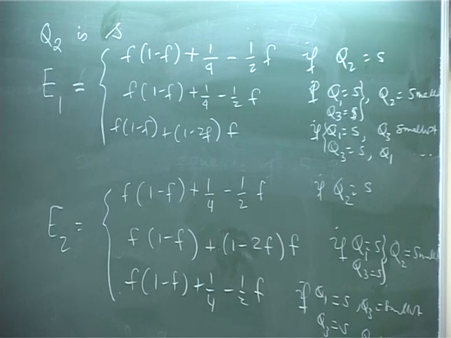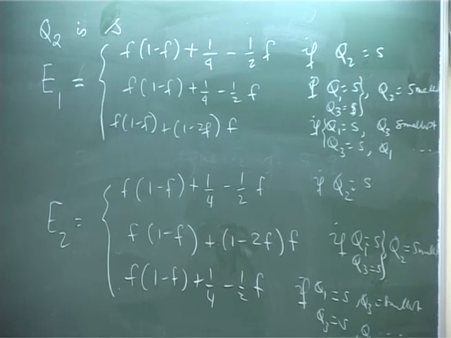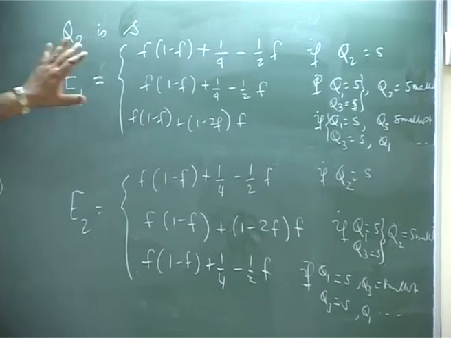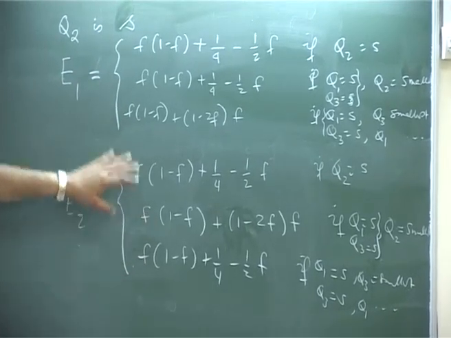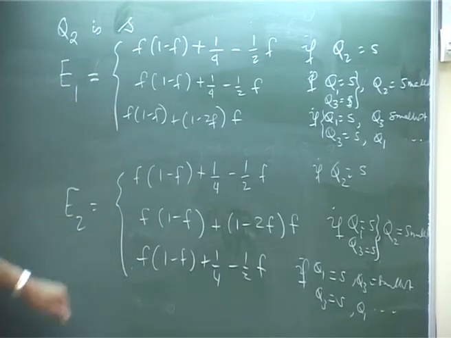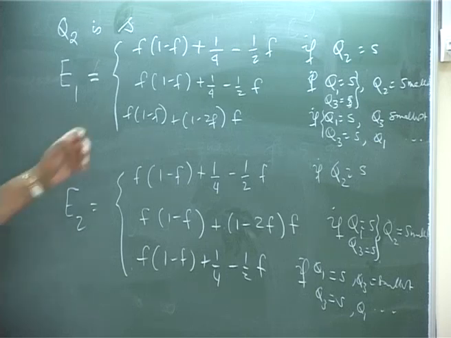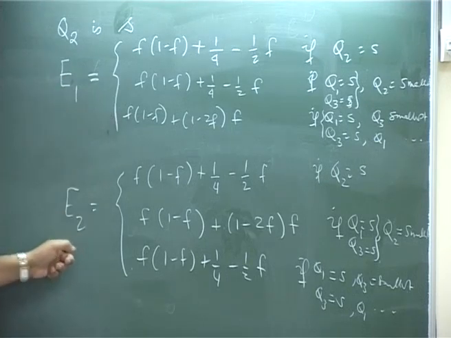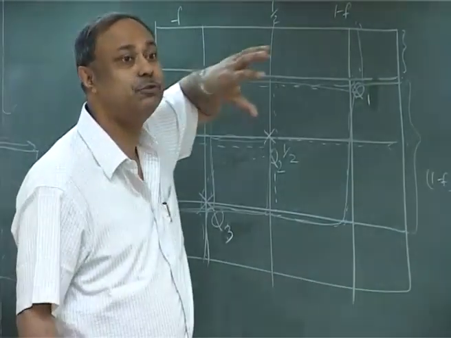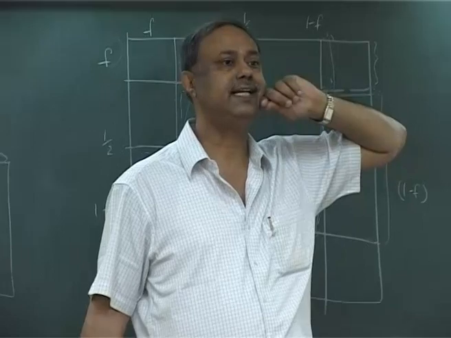Right? Now your aim is to maximize these two areas. Maximize E1 and E2. If I can maximize that, for what value of F do you get E1 and E2 maximum? That means E1 and E2 will give you how many elements you can discard at each iteration.